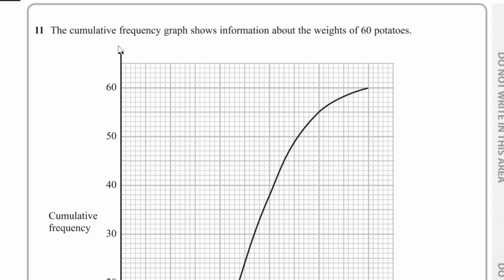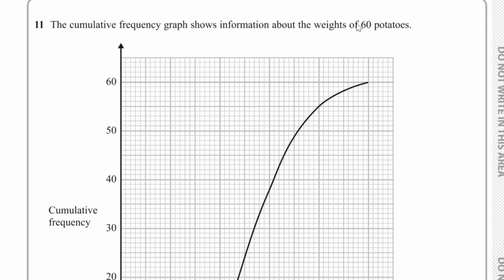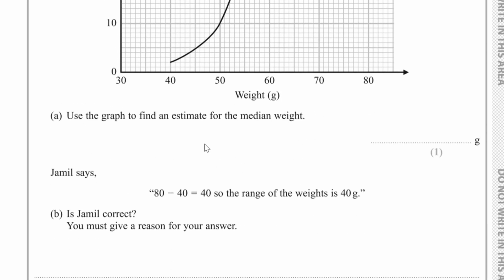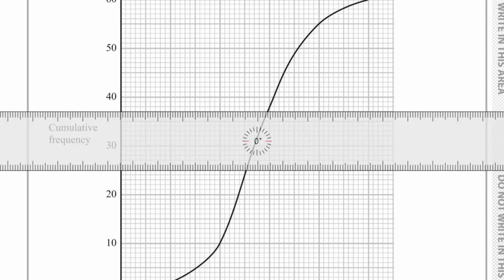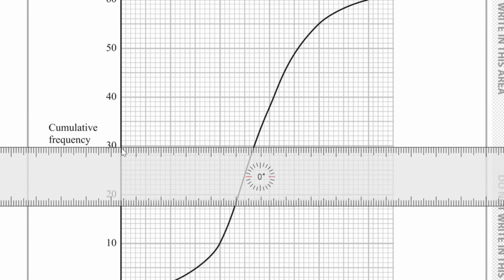Question 11. The cumulative frequency graph shows information about the weights of 60 potatoes, and for part A we have to use the graph to find an estimate for the median weight. Well, if we've got 60 potatoes, 60 divided by 2 is 30. So we want the 30th value. If we find out where the 30th value is, that will be over here.